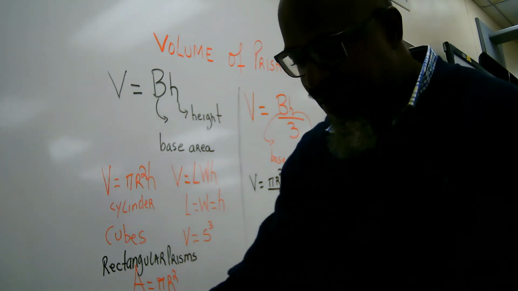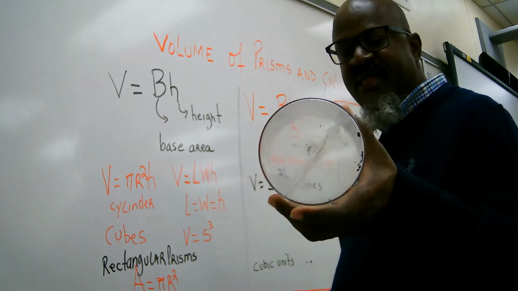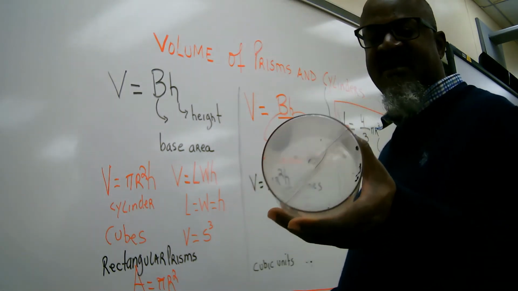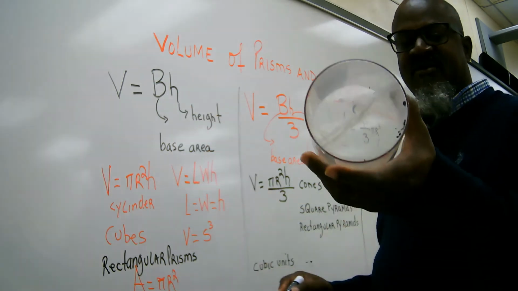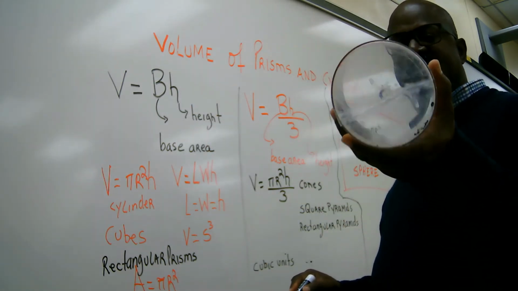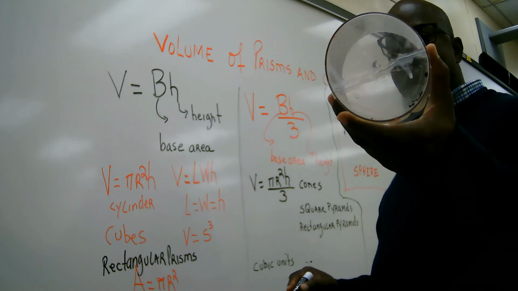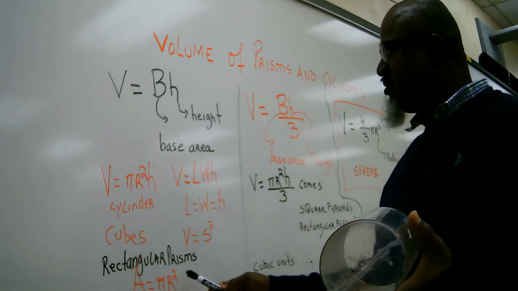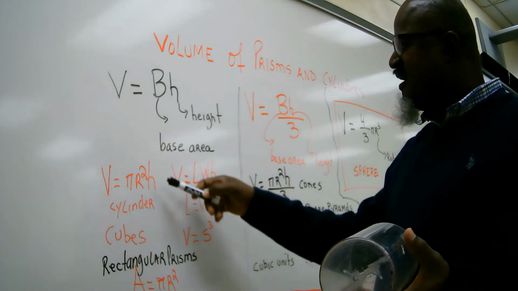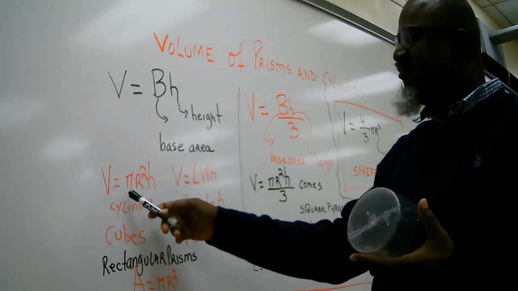Remember also, base area means the shape of the base. In this case, capital B stands for base area. We have a cylinder. The base is a circle. How do you find the area of a circle? Pi r squared. So times the height, that's how you find the volume of a cylinder.